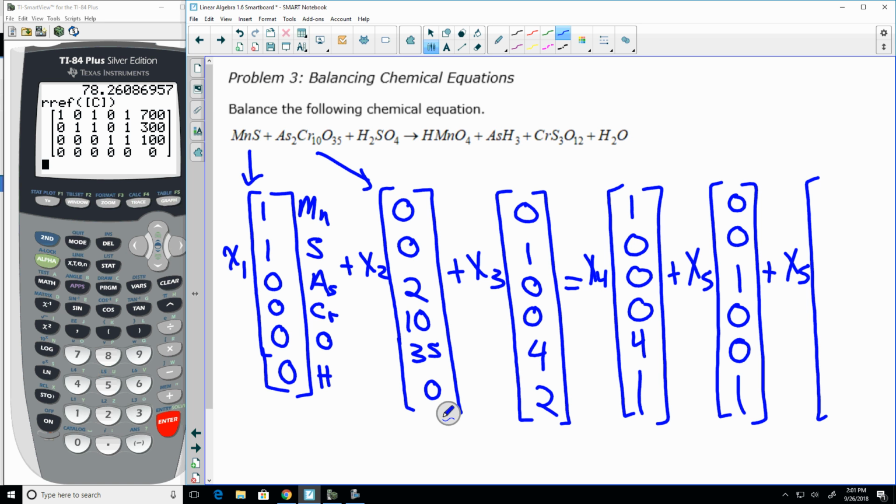Yep, I'm out of room. Yeah, it should be x6.